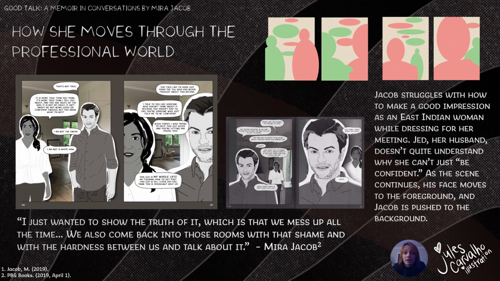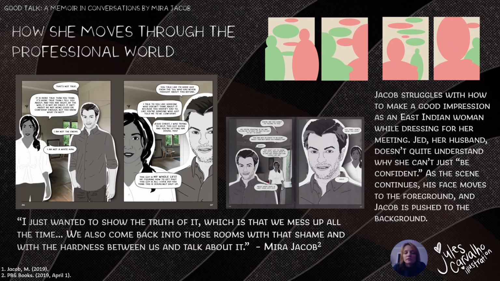They have nothing left to say, but they're still blocking the space. Jacob draws a comparison with that scene by using the same technique in a conversation with her husband. So she's getting ready for a professional meeting, thinking from all different angles of how she can dress so that she can make a good impression, as if she's making up for being an East Indian woman, because the person she's meeting with that she wants to impress is a white man.